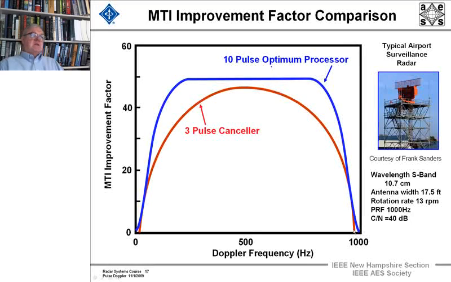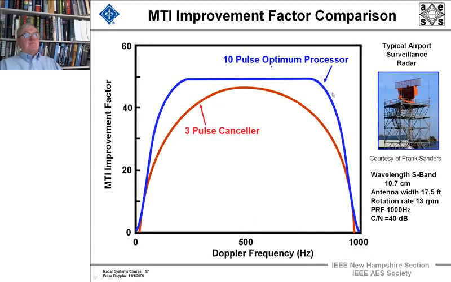When you process 10 pulses, you're going to get an overlap that's pretty good, and if you don't get it in one, you'll get it in the other. It fills in the notches pretty well. And you see there's a lot of space in here where a 10-pulse optimum processor will improve the Doppler detection performance, the MTI improvement factor, over a 3-pulse canceller, which is very close to the optimum processor for 3 pulses.